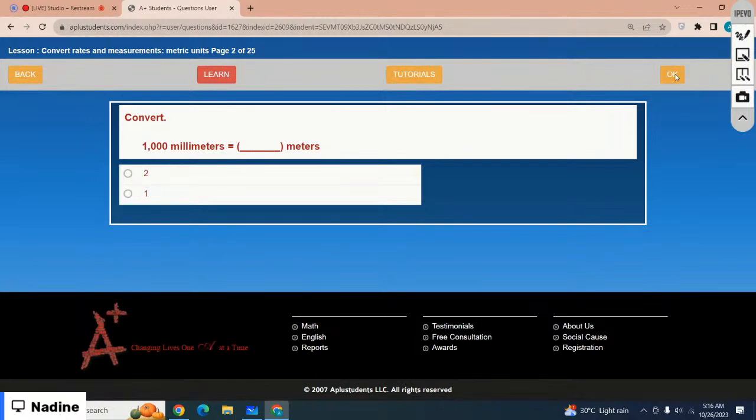Which is the correct option? The correct option is 1 meter.